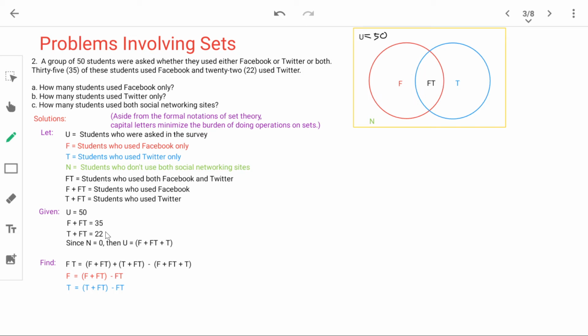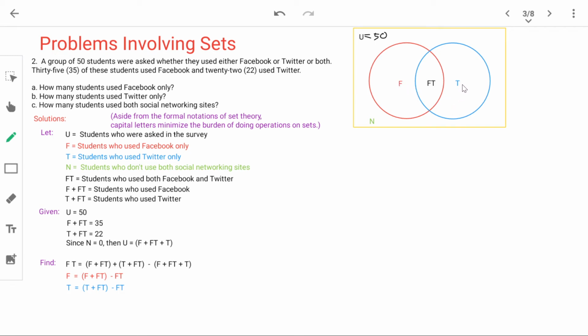Now we are going to find the FT, this is question letter C. How many students use both social networking sites? And we are going also to find the F, which represents question A. How many students use Facebook only?